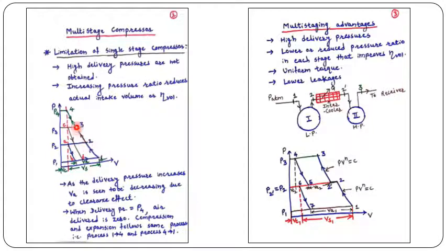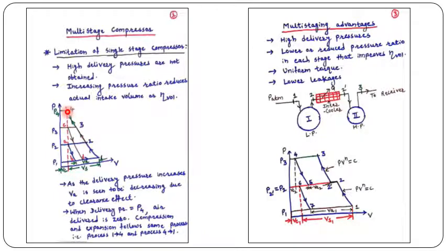So, each time you go on increasing the delivery pressure, the actual volume which is sucked in will go on decreasing, and a stage will come when the pressure reaches P4, where whatever air is being compressed, the same air will expand and there is no delivery, delivery is 0. So, in this case you do not have any compressed air delivered to the receiver.